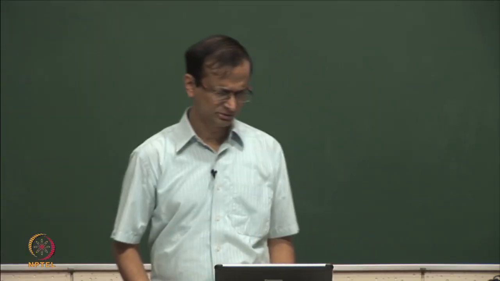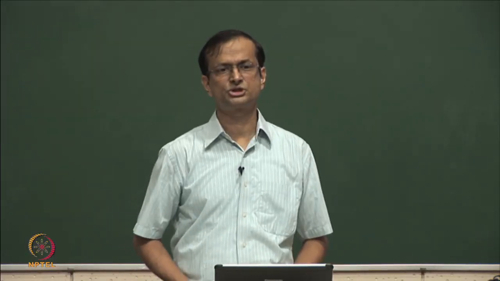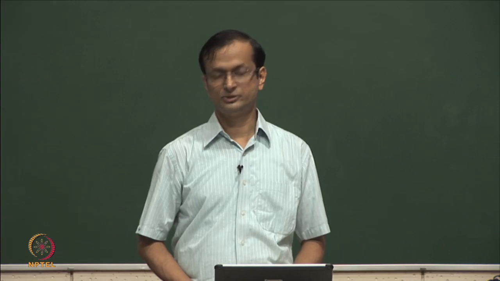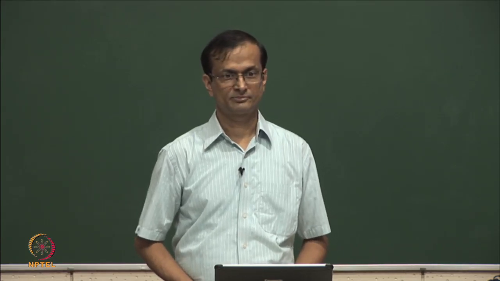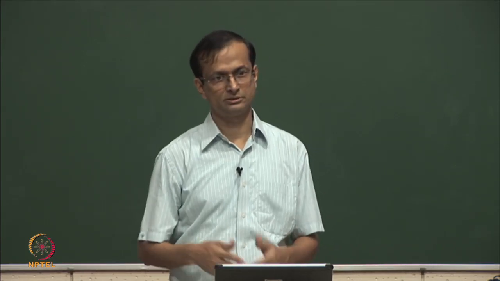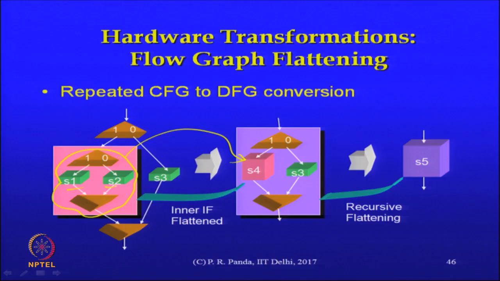Well, the simple threshold could be that you constrain the width of the mux. Up to 2 inputs is okay, but if it becomes 4 or larger, then you do not allow that. So, some such simple heuristics could be used.